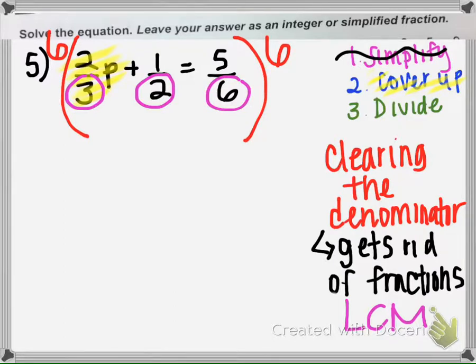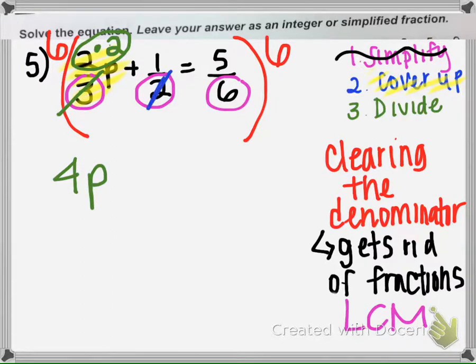When I multiply both sides by 6, if we take a look at 2/3, this 3 will cancel out because it goes into 6 twice. Then I'm going to multiply the numerator 2 by 2, which is 4. And then I'm going to bring down the p.